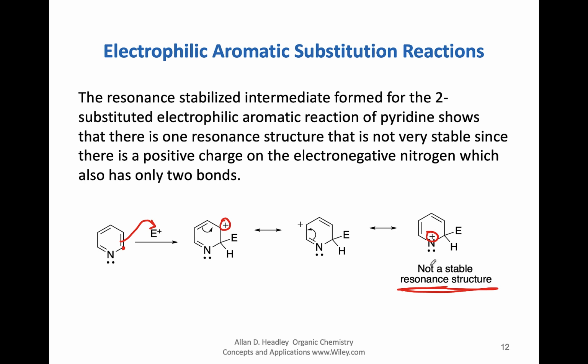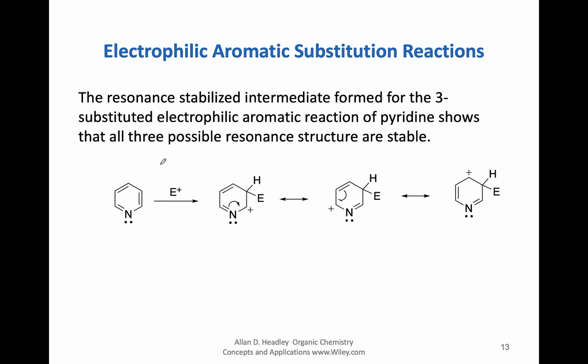Typically nitrogen has 3 bonds, or 4 bonds if it has a positive charge. So this is not stable. So the overall resonance structure for this intermediate is not very stable.